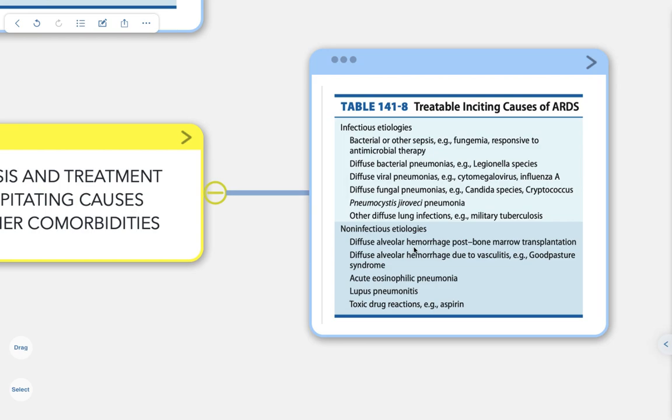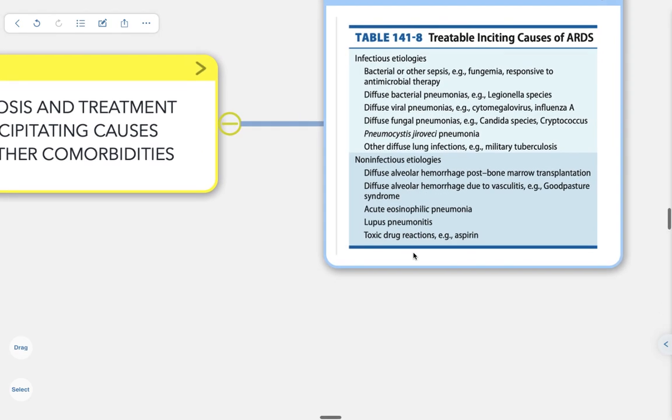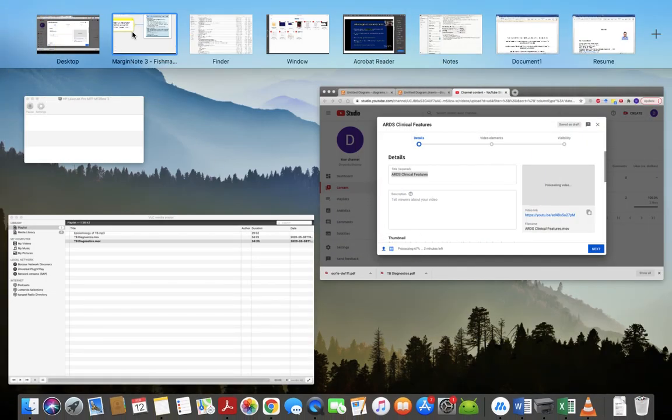Then there are certain non-infectious treatable etiologies which we've come across. That is DAH, could be due to bone marrow transplantation or ANCA-associated vasculitis, acute eosinophilic pneumonias, lupus pneumonitis, and toxic drug reactions, as in the case of aspirin.